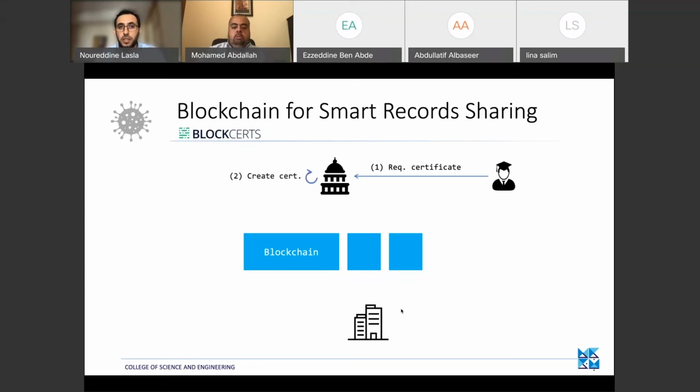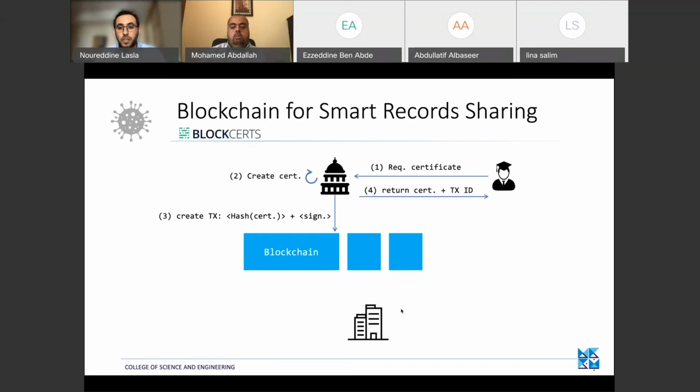Then the university will create a digital certificate and also record it in a blockchain by signing it using its private key.